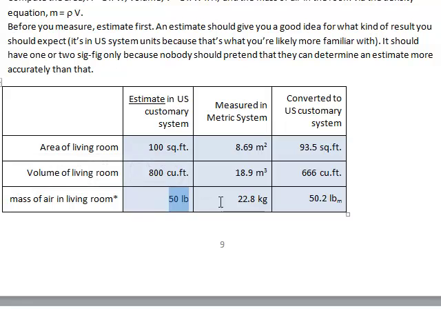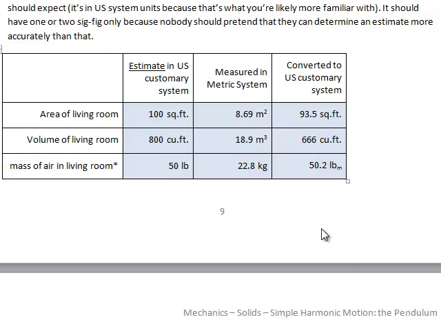My guess here of 50 pounds was just a total wild guess that I come up with virtually exactly what it is. The amount of air in this room, that is a total coincidence. So really it is. So the mass of the air here in this room is 22.8 kilograms or 50.2 pounds.